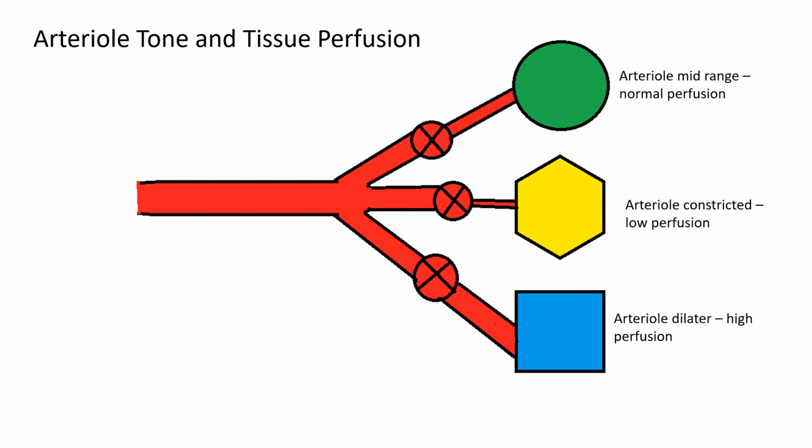The smooth muscle in the arterioles is dilated, and that means that there is high capillary flow to the tissues in this state. So this is just a very simplified way of showing how arterial tone in different physiological states can affect capillary blood flow to the tissues.